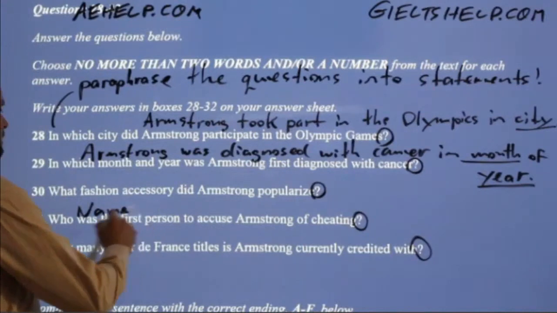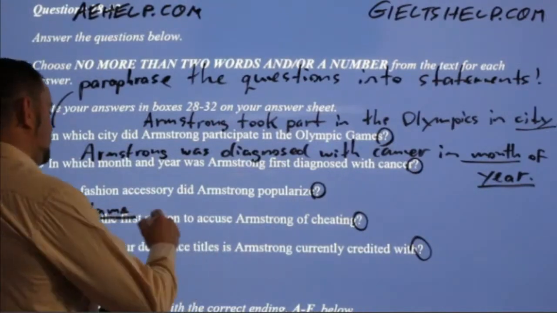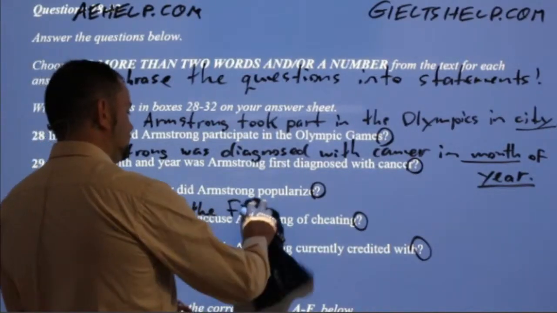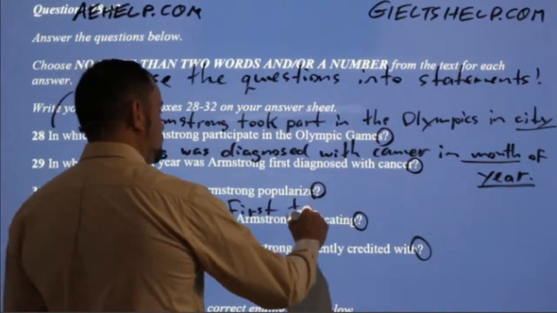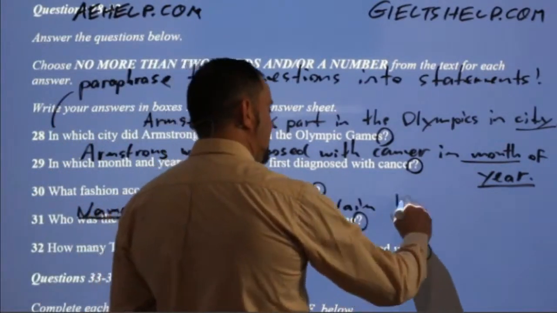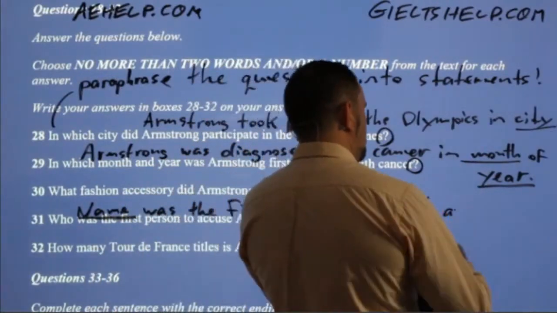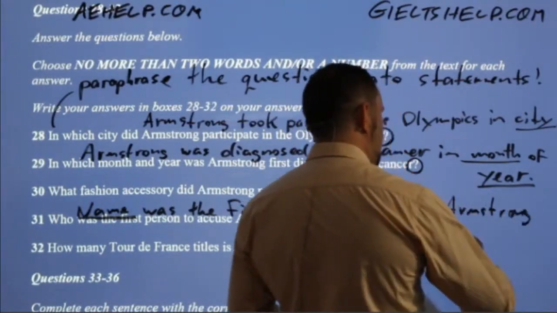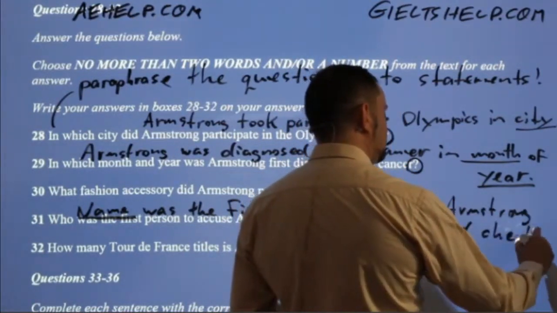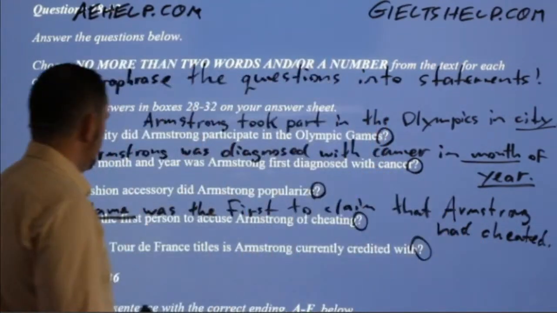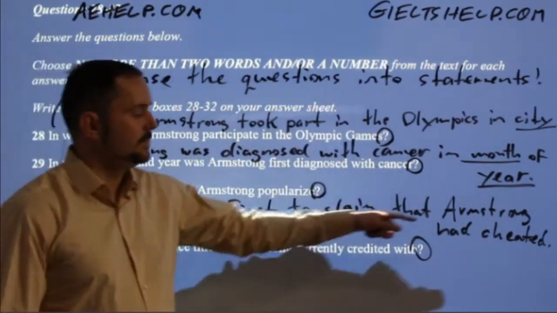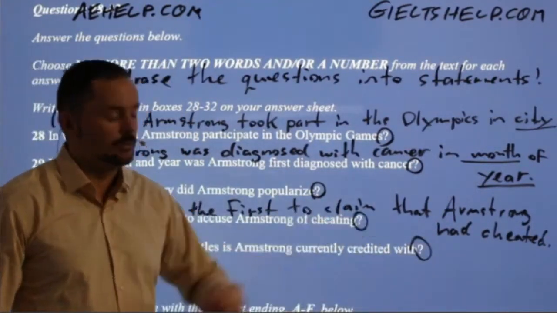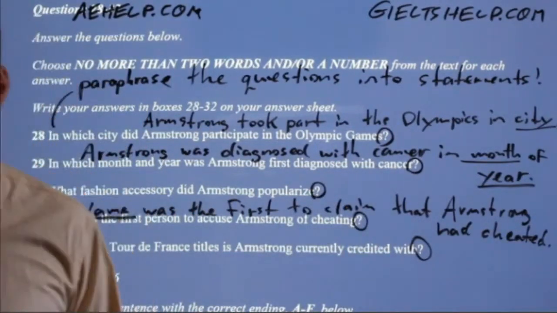Name was the first to claim that Armstrong had cheated. Okay, so name of person was the first to claim that Armstrong had cheated. Who was the first person to accuse Armstrong of cheating? So that would be my paraphrase there.